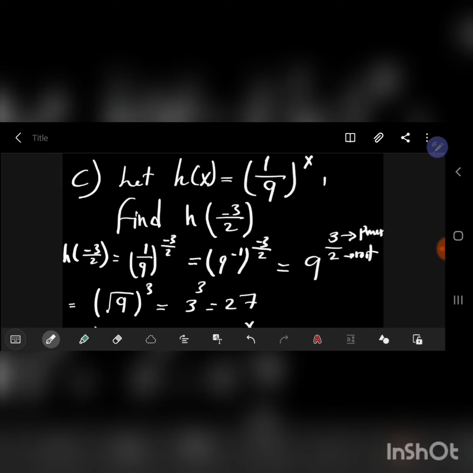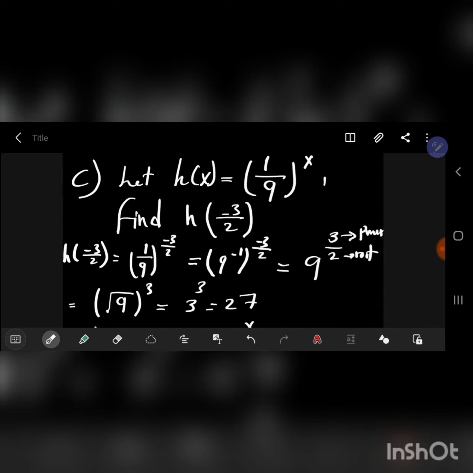The most important step I did is that I moved 9 from the denominator to the numerator to get rid of 1 over 9. So I set 9 to the power minus 1 to the power minus 3 over 2.